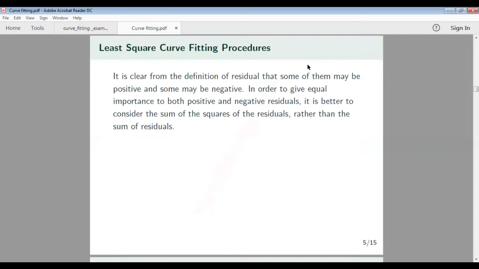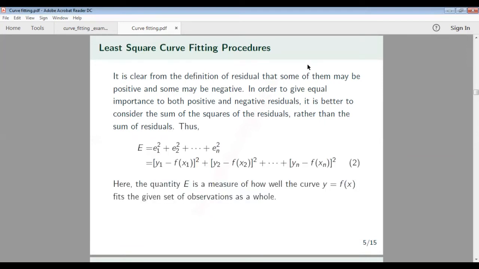The sum of the squares of the residuals is represented by the capital letter E equal to E1 square plus E2 square plus E3 square plus etc. plus En square, which is y1 minus f of x1 the whole square plus y2 minus f of x2 the whole square plus etc. Finally, the last term yn minus f of xn the whole square.